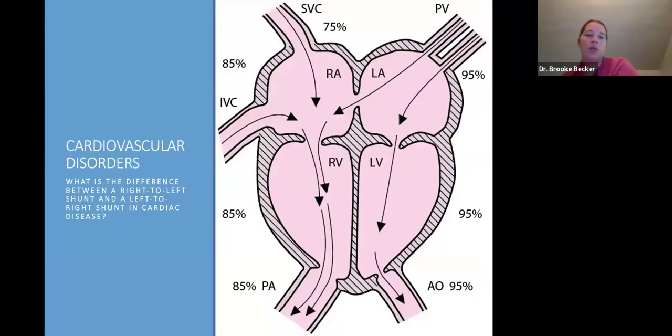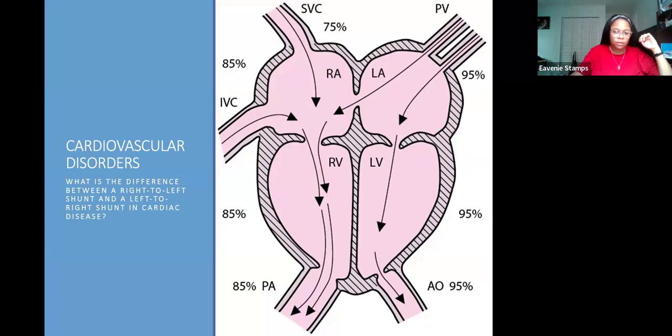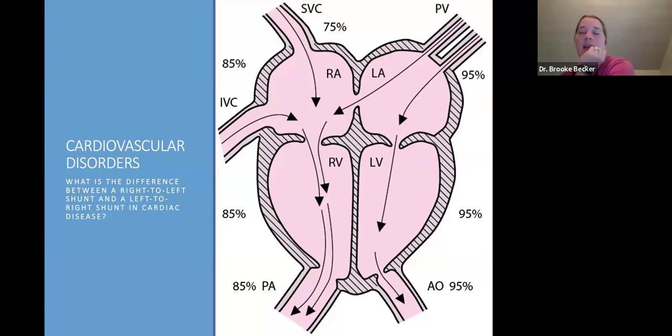Okay, what's the difference between a right to left shunt and a left to right shunt in cardiac disease? Let's start with right to left. What sort of defect are you going to have if it's right side to left side shunting? Is it going to be cyanotic or acyanotic?